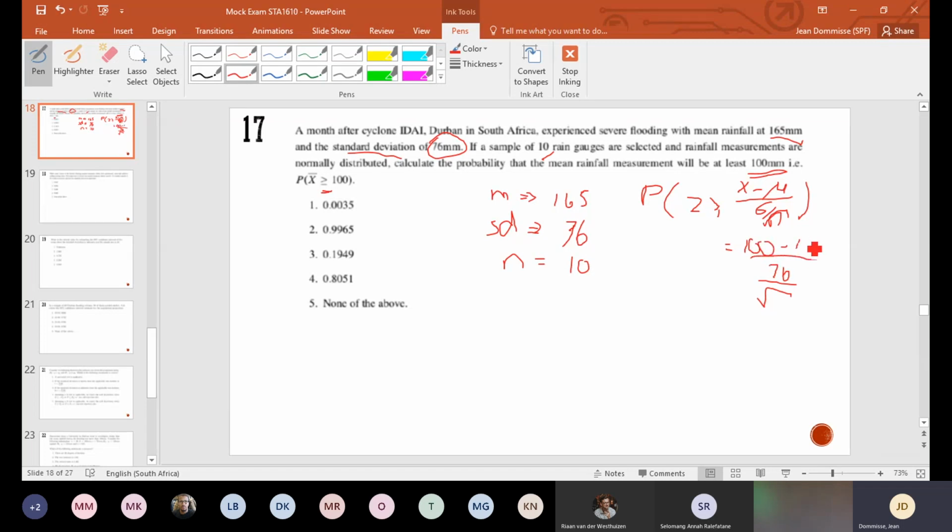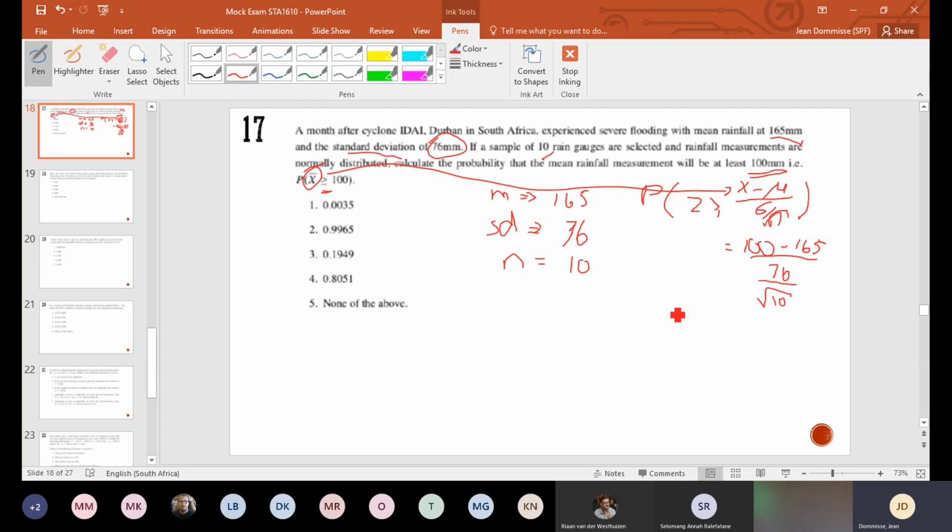Perfect. So it is 100 minus the 165, divided by 76 divided by the square root of 10.